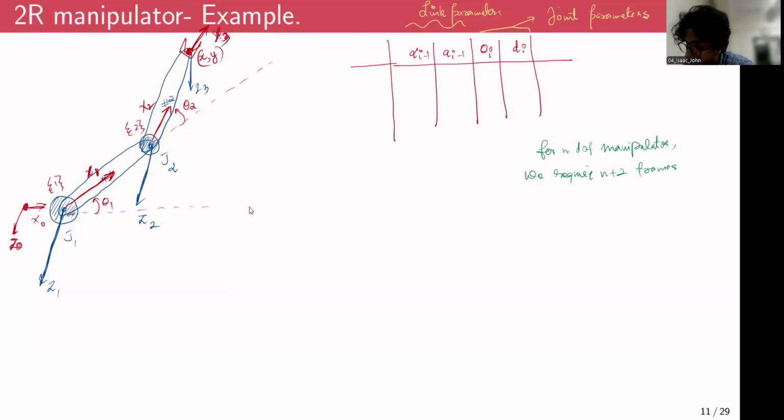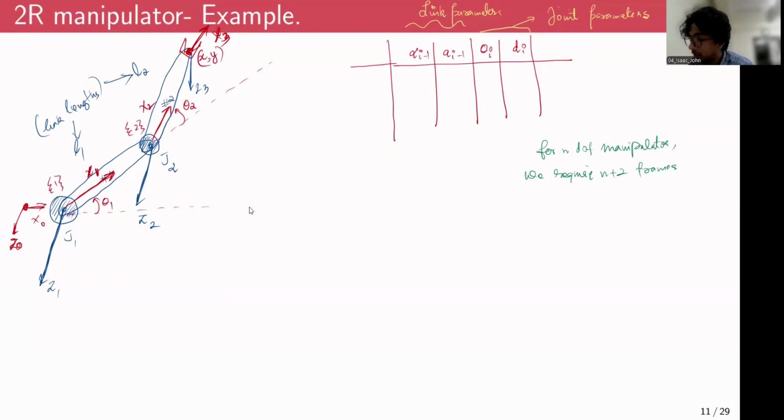This is going to be X3. And now I'll define the length of these links as L1 and L2. These are link lengths.